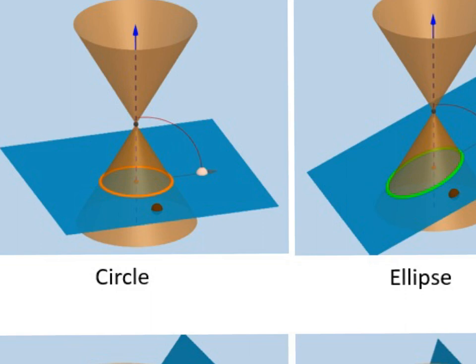I could do like the plane tangent to the cones, so it would just be touching each of these cones in one line. So I could have a plane that touches it and it would just give me a straight line. I could go perfectly straight through and get back to our intersecting lines like we used to generate the cone, but those we're not going to get as much into.